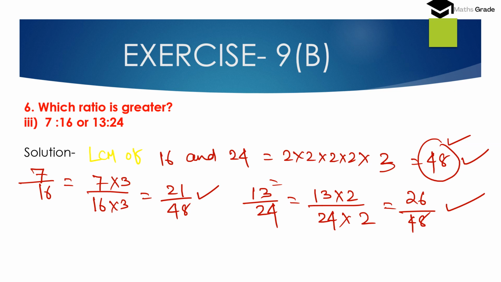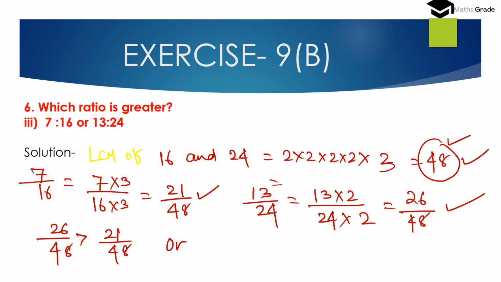Now 21 divided by 48 and 26 divided by 48 both have the same consequent 48. Now comparing the ratios 21 divided by 48 and 26 divided by 48, we have 26 divided by 48 is greater than 21 divided by 48.